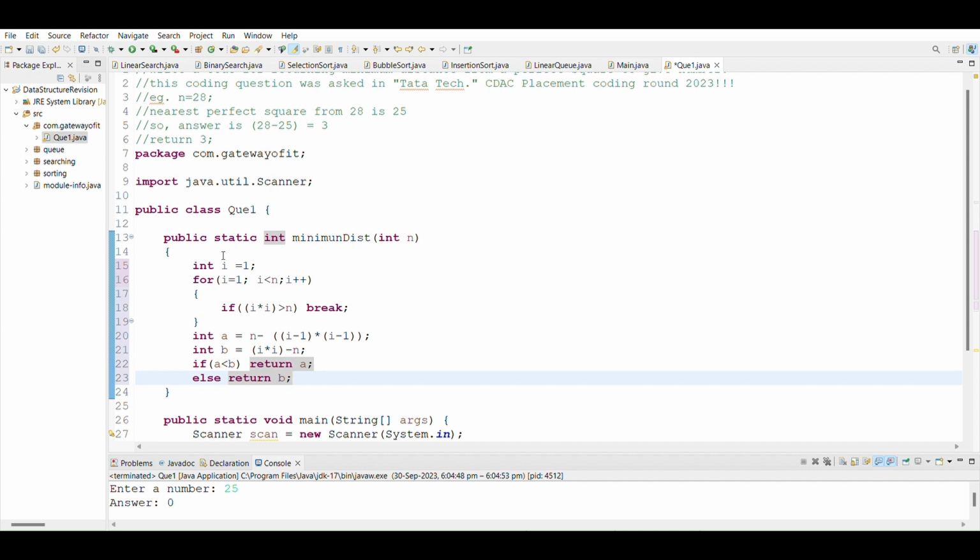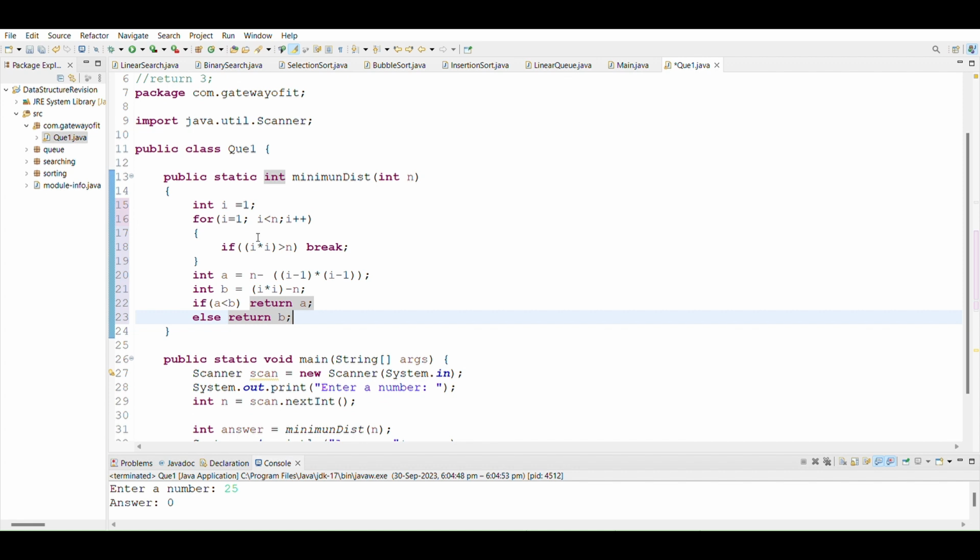Here I am going to explain the above code once again. We have taken integer i as 1, which means we are starting our loop from 1 up to n. Let's suppose n is equal to 28. Our loop will break at the number 6, where 6 into 6, 36, is greater than 28, so we get i as 6. Here n minus (i minus 1) squared means 28 minus 5 squared, which is 25, so a is 3.